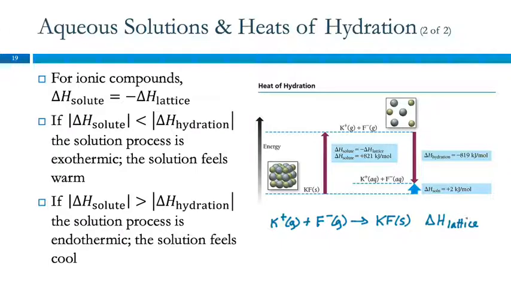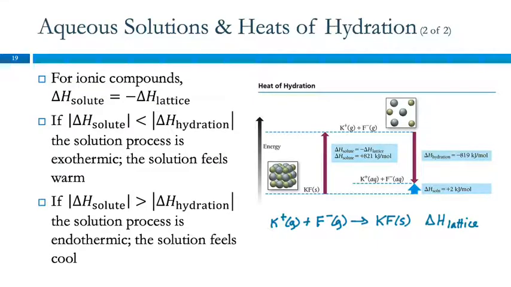That's the lattice energy. So to separate those ions, here we have a solid and we're separating the ions. That is the same energy as the lattice energy, just opposite in sign. So delta H solute is equal to negative delta H lattice for ionic compounds.